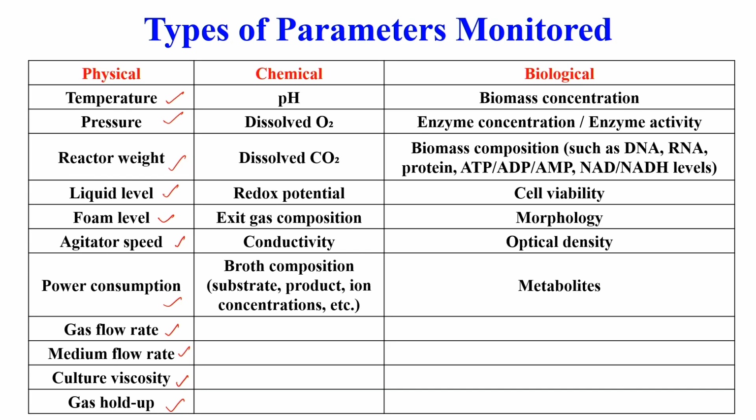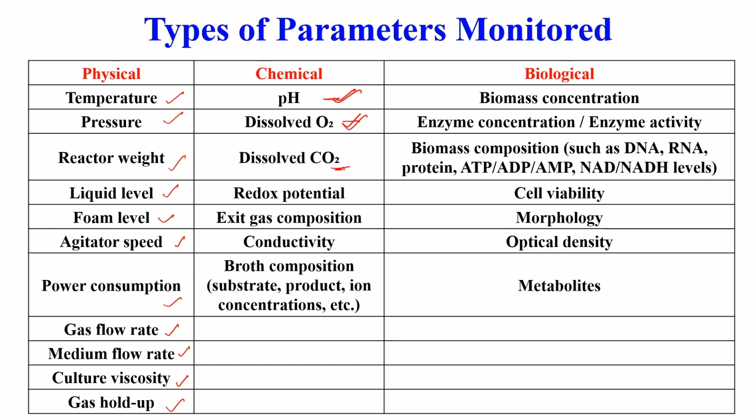In the case of chemical, the important one is pH. This is very important, and in most cases pH probe is available in a bioreactor, and dissolved oxygen probe. These two are very important and mostly available with any lab scale or production scale bioreactor.